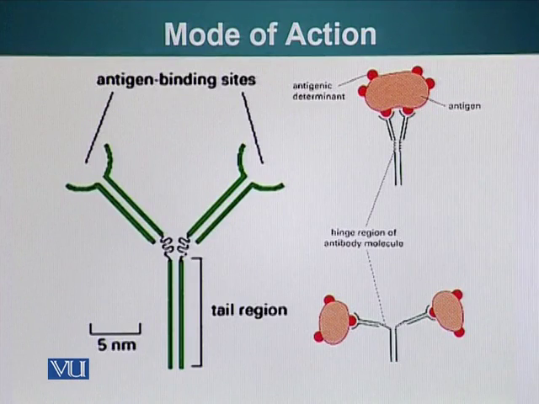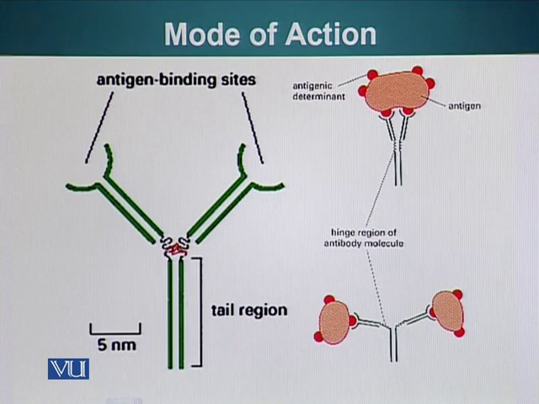So here we can see again an antibody, which we have already seen. Here's the hinge region, which gives the antibody the flexibility. Here you can see in this slide that this antibody, because of flexibility of the hinge region, can bind antigenic determinants.